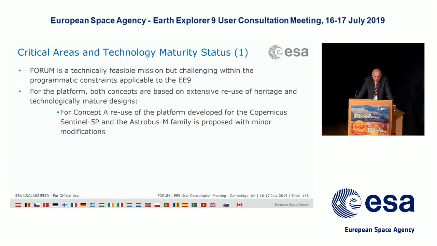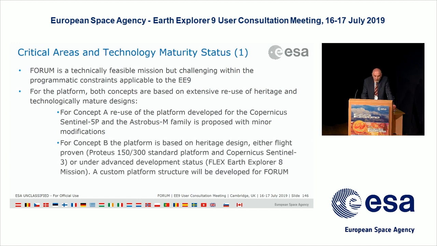For concept B, the platform is based on heritage designs that are either flight-proven, capitalizing on the Proteus standard platform product series and the Copernicus Sentinel-3, or under advanced development in the context of the FLEX Earth Explorer 8 mission. In the case of concept B, a custom platform structure will be developed for FORUM.